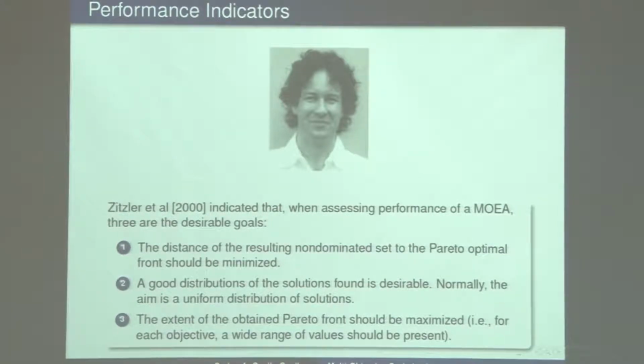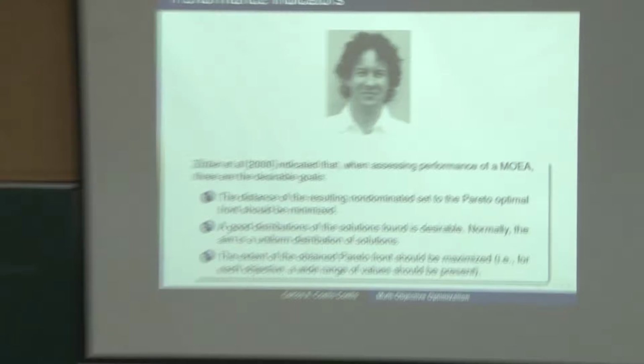Performance indicators are relatively recent in this field. When I started in this area back in the year 94, we didn't have performance indicators. So we had to compare solutions in a very odd way, and I told you about that before, that people would write a paper in which they plotted the Pareto front approximation produced by two different algorithms.